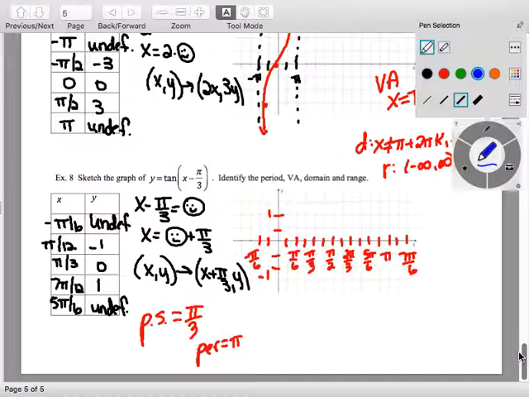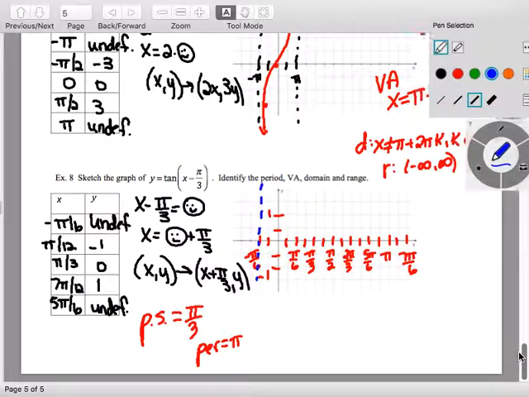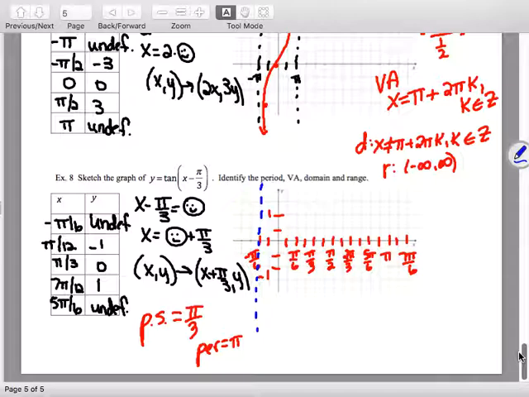So at negative pi over 6 was a vertical asymptote, and at 5 pi over 6 was a vertical asymptote. Then pi over 12 was negative 1, pi over 3 was 0.